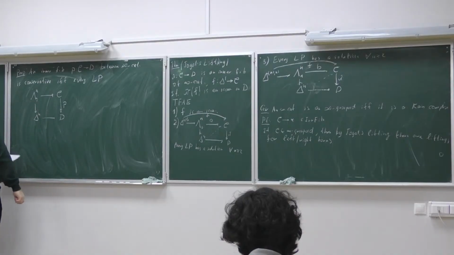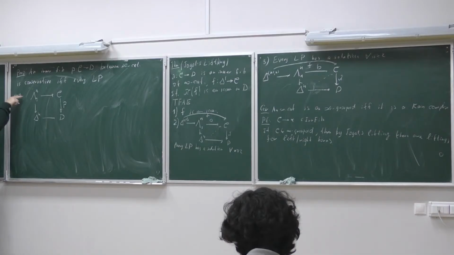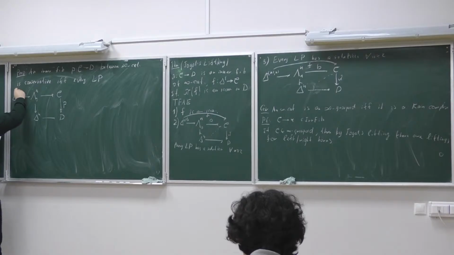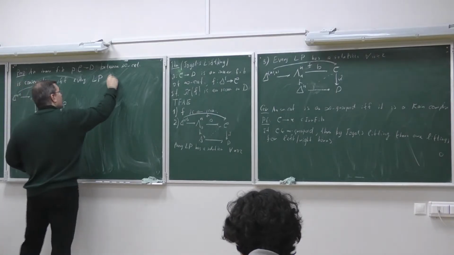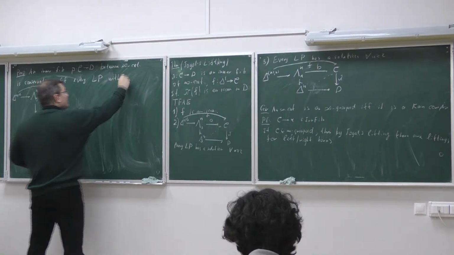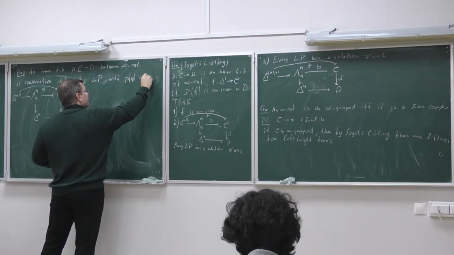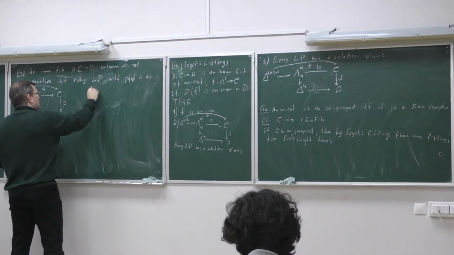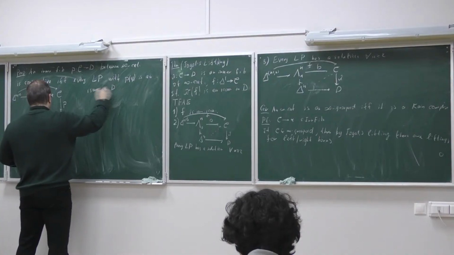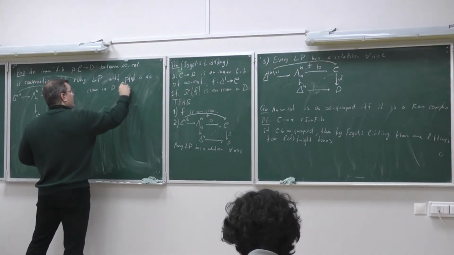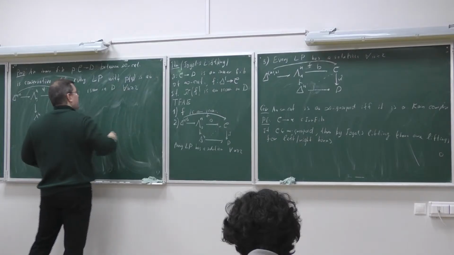So every lifting problem, with the additional assumption, when you consider the beginning edge of this horn, call it phi, that P of phi is an isomorphism in the category D, for any n starting with 2, admits a solution.